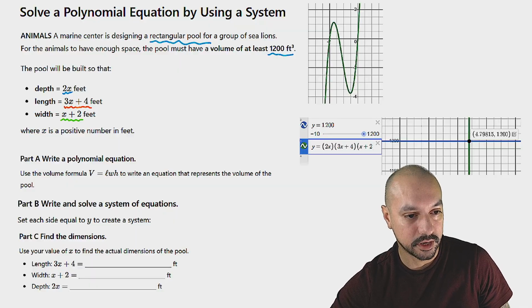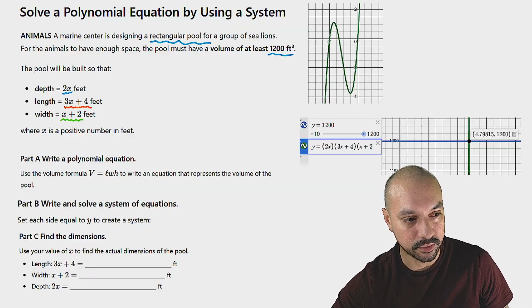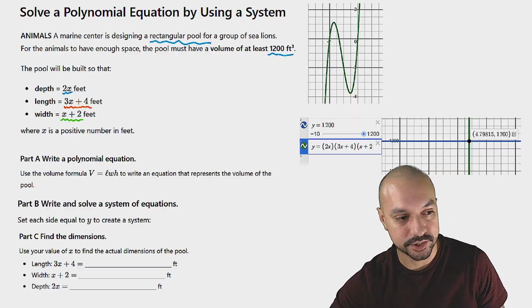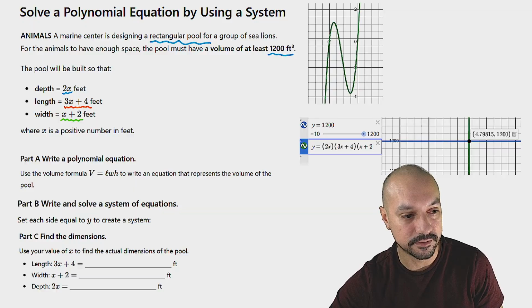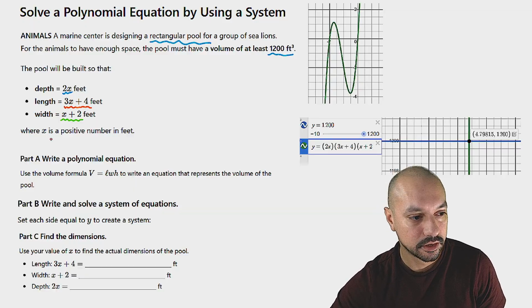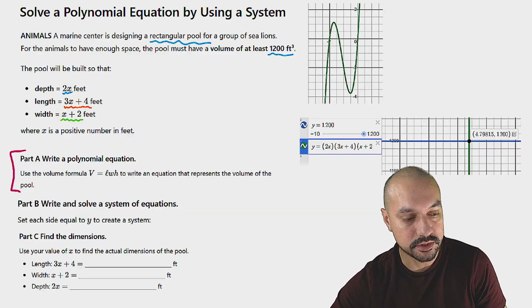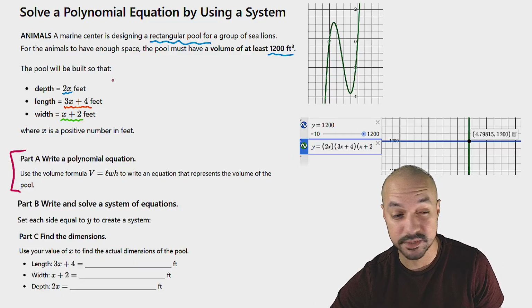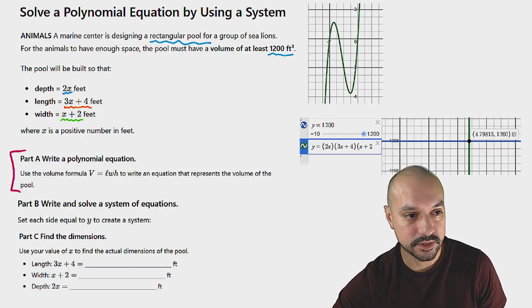From here, now that we've read out the problem, we want to write an expression representing the volume of the pool. So volume is equal to length times width times height, or in other words, length times width times depth. So I'm just going to multiply those quantities.